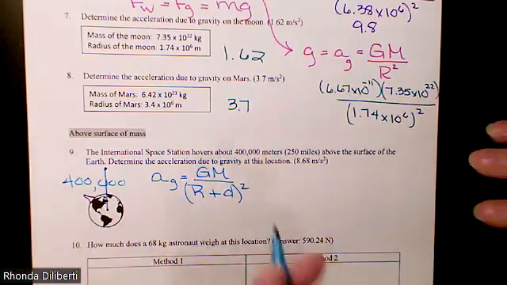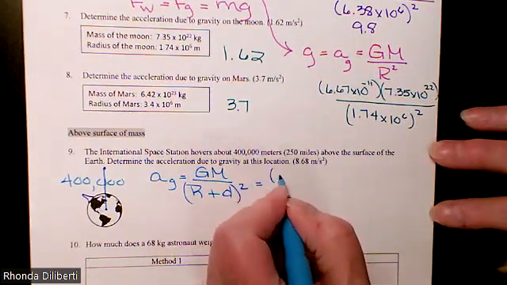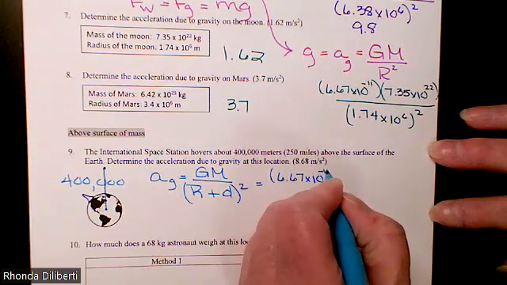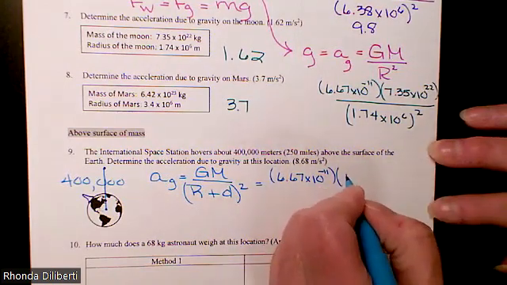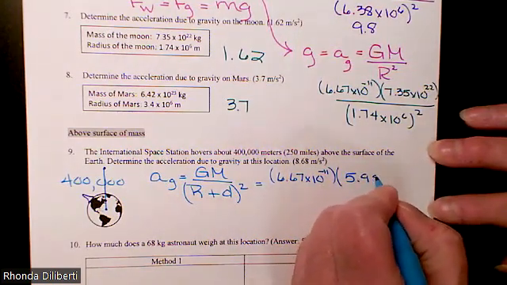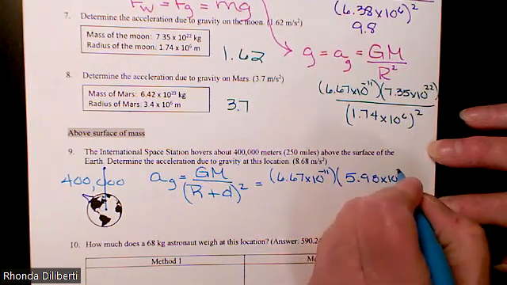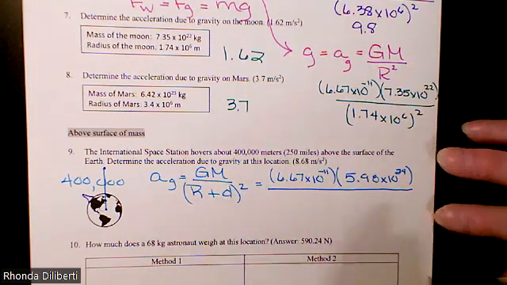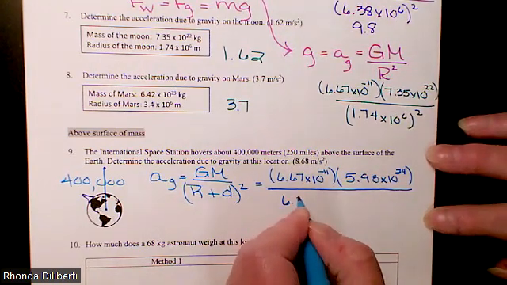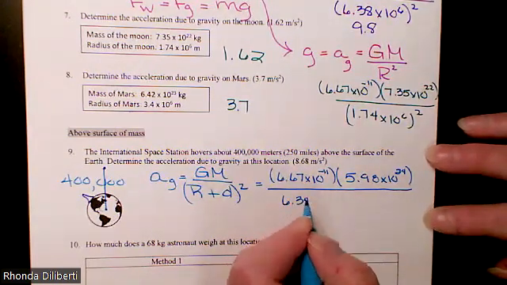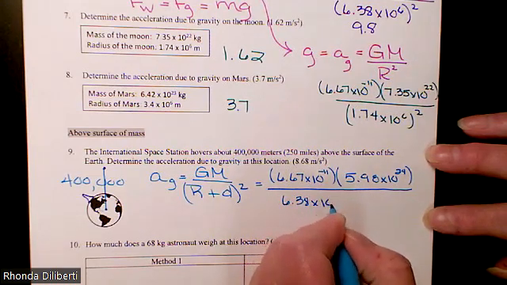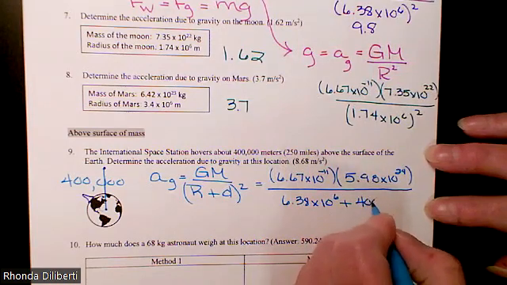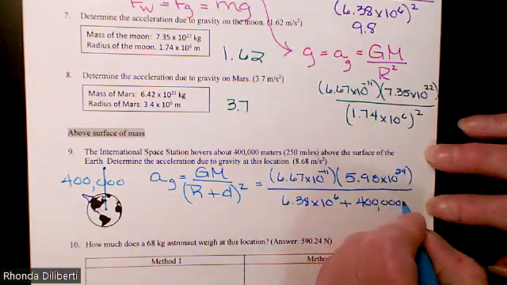So when I put in my numbers, I'm going to get 6.67 times 10 to the minus 11, times the mass of the Earth, 5.98 times 10 to the 24, divided by the radius of the Earth, 6.38 times 10 to the 6th, plus how high above in meters that it's hovering.